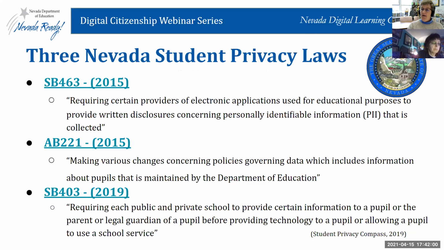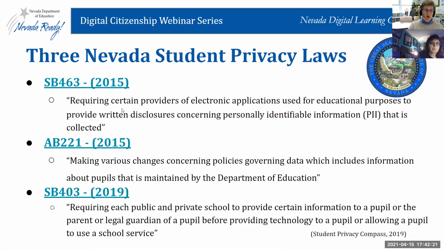In addition to the federal laws that I just talked about, there are actually three Nevada state student privacy laws. As you can see by the dates here, in the 2015 legislative session, two laws were passed, SB 463 and AB 221, in regards to information.